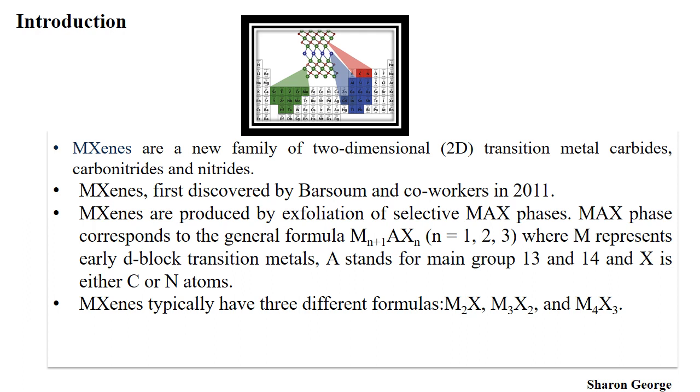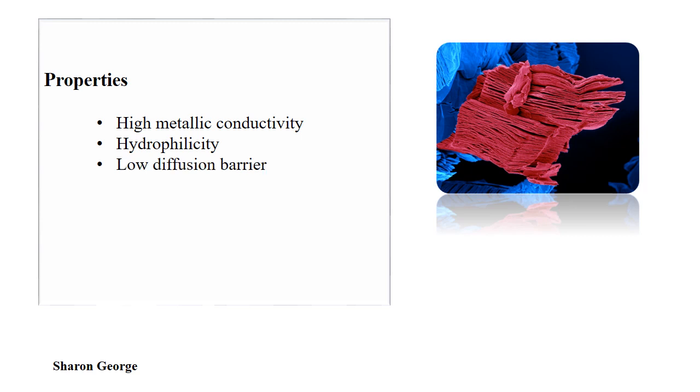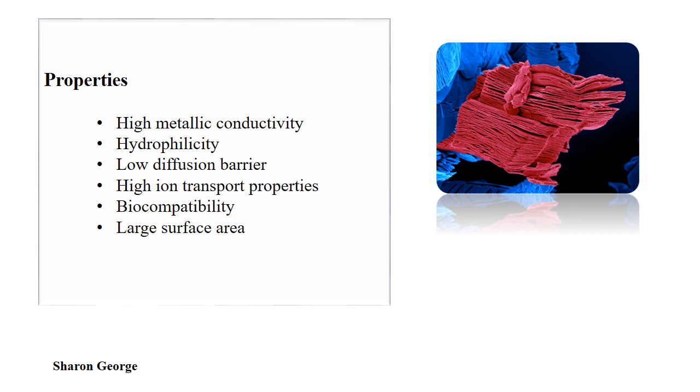Okay, so because of these 2D structures, it has different properties like high metallic conductivity, hydrophilic nature, low diffusion barrier, high ion transport properties, biocompatibility, large surface area, and ease of functionalization.